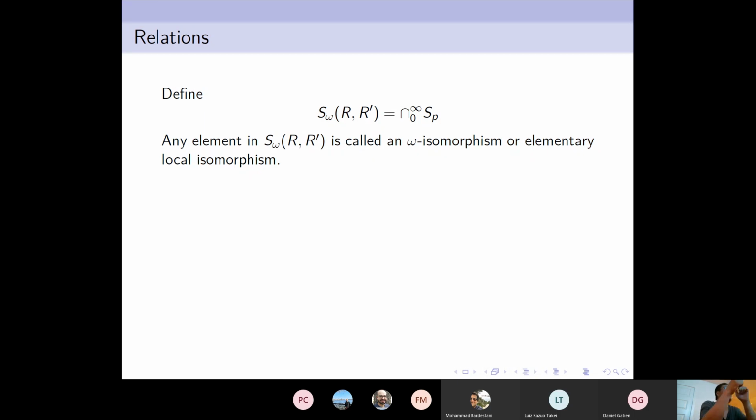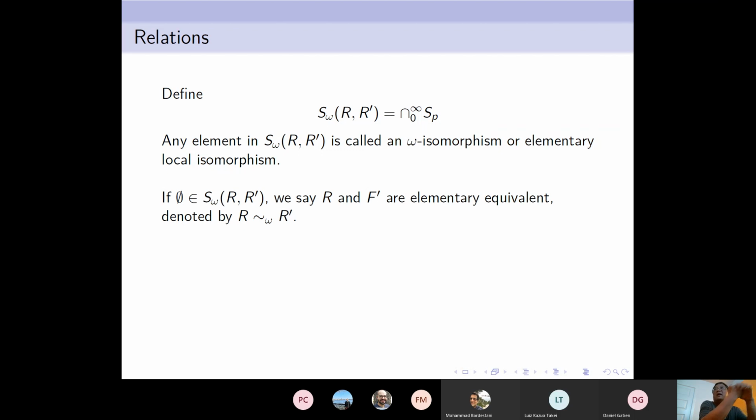That means if it satisfies locally, like in the quadratic polynomials, if it has a solution modulo p for any prime number p, then it has a solution in Q. So that's a kind of local global principle here.